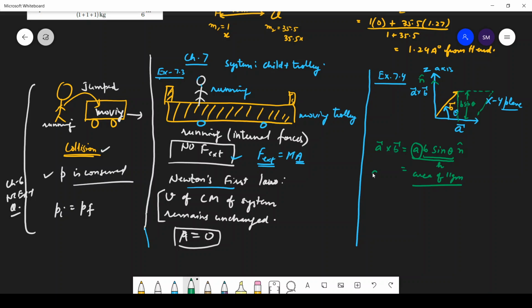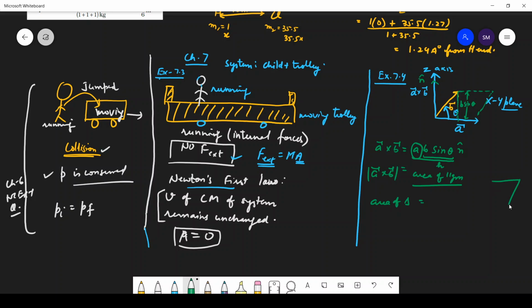So the magnitude of A cross B is nothing but the area of the parallelogram. What will be the area of the triangle? The area of a triangle is half of the area of the parallelogram, because you are dividing this parallelogram into two equal parts, two triangles.